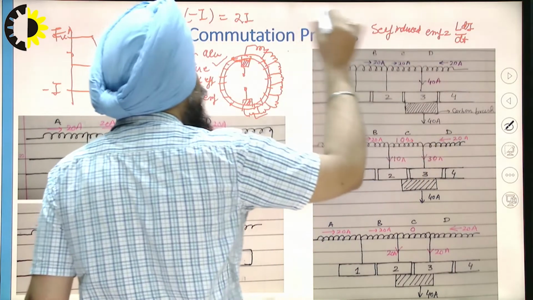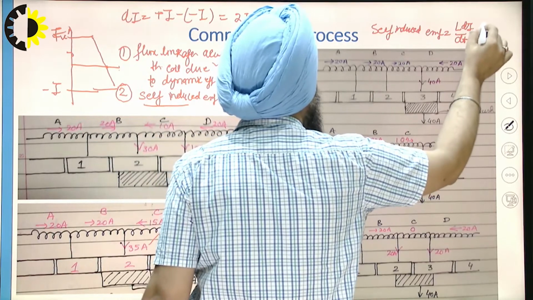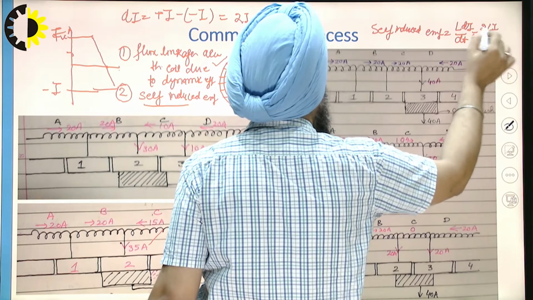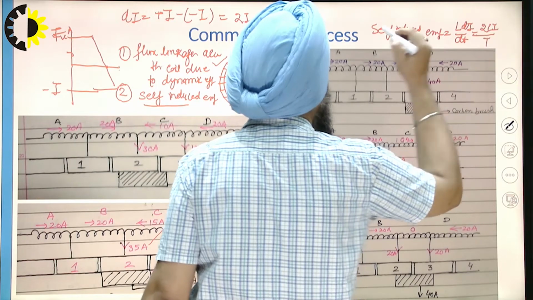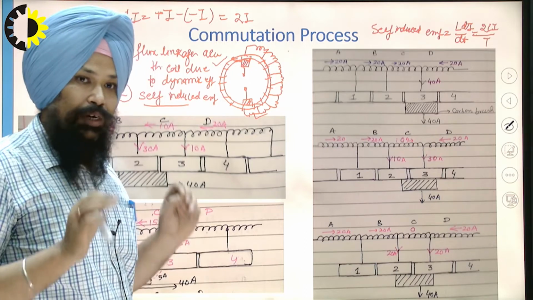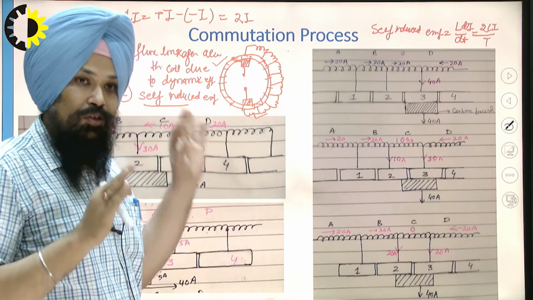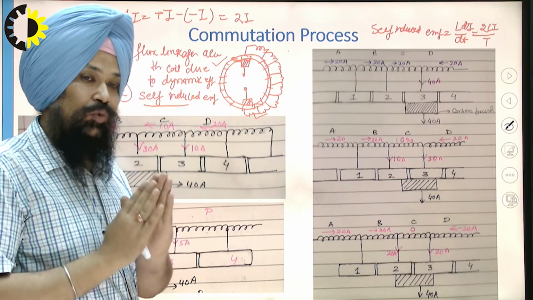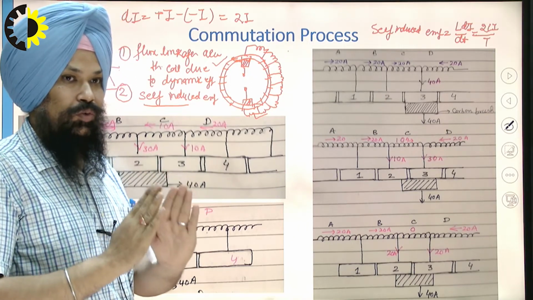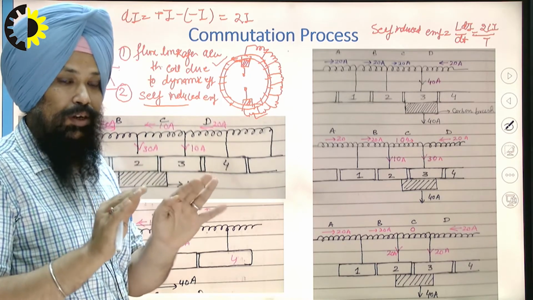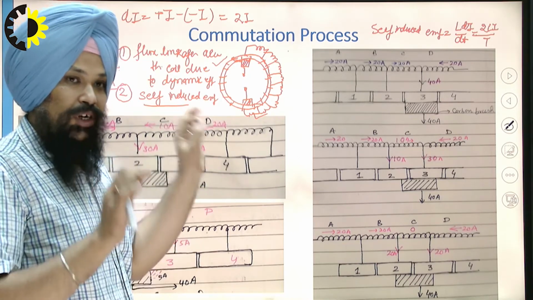Now with the 2I change in current, that becomes 2LI by T, where T is the time taken for the change of that current. So that also causes sparking at the carbon brush position. That's why we need to ensure minimum EMF is induced when the coil passes through the carbon brush position. That is the requirement for effective commutation.